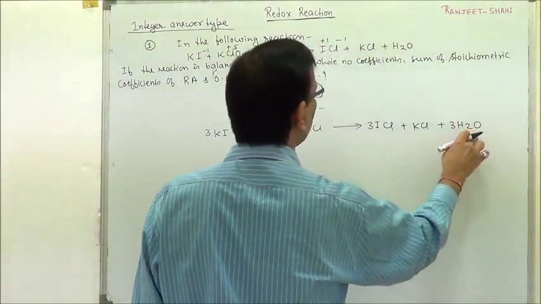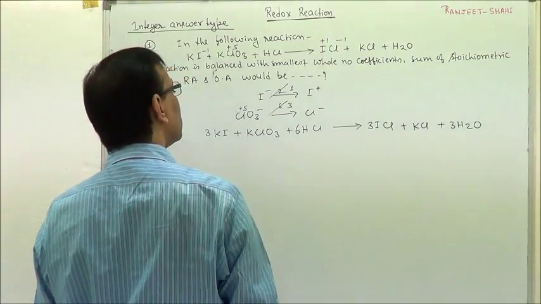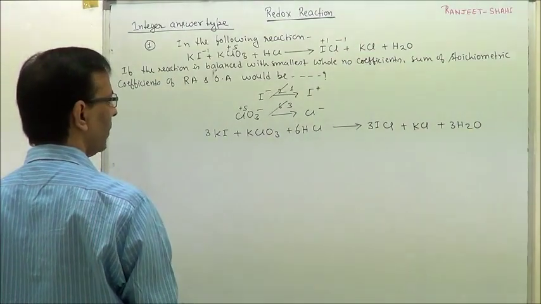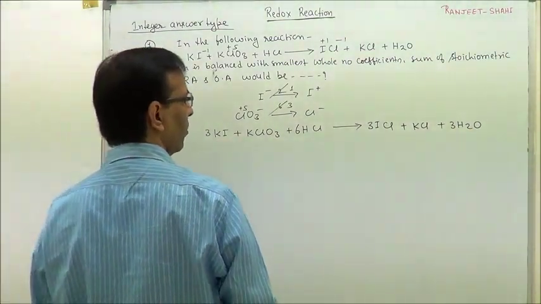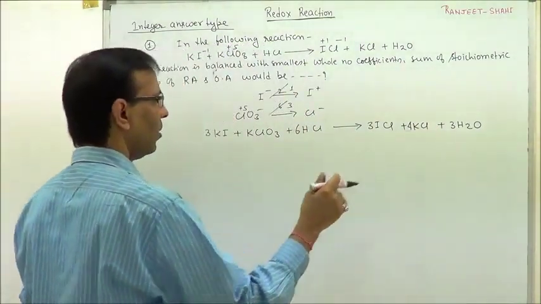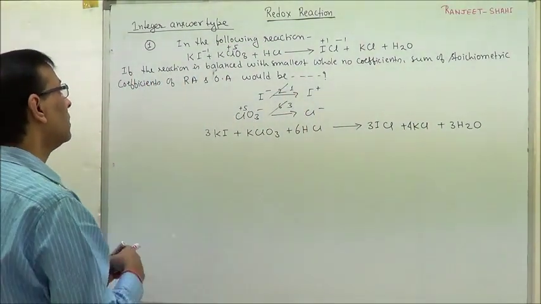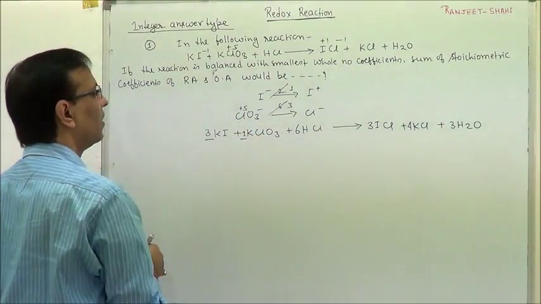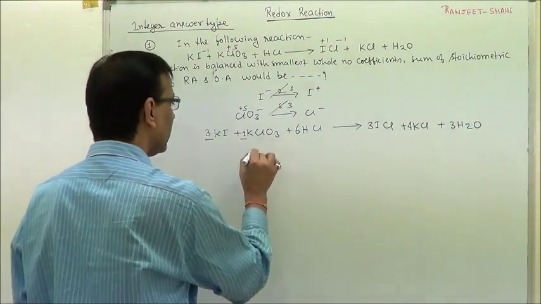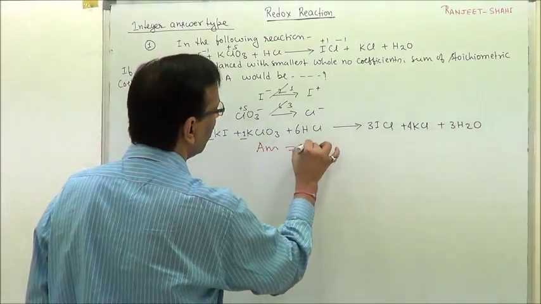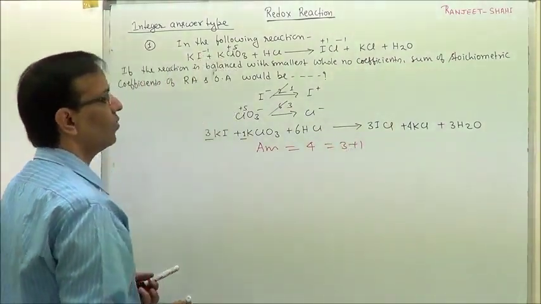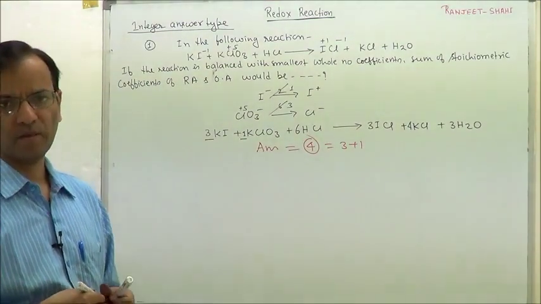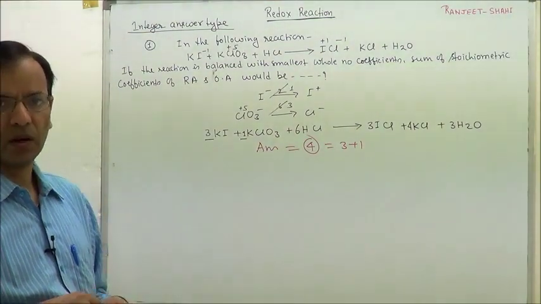For 3 H2O, 3 into 2, 6 hydrogen will come from 6 HCl. So now it is, I think, 3 potassium, 1 potassium, 4 potassium, so 4 here. It is now completely balanced. So the sum of the coefficients of reducing and oxidizing agent is 3 and 1. So the answer is 4. 3 plus 1, 4. So this is the single integer answer of this particular question.